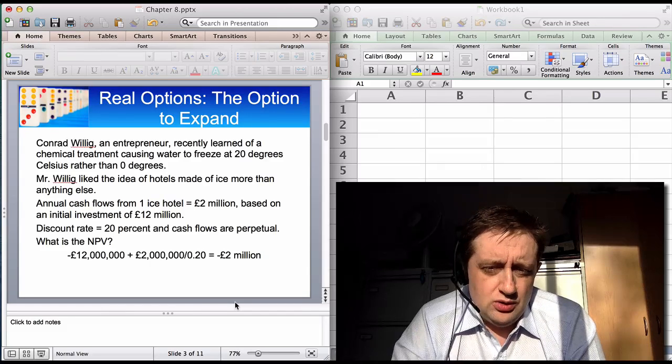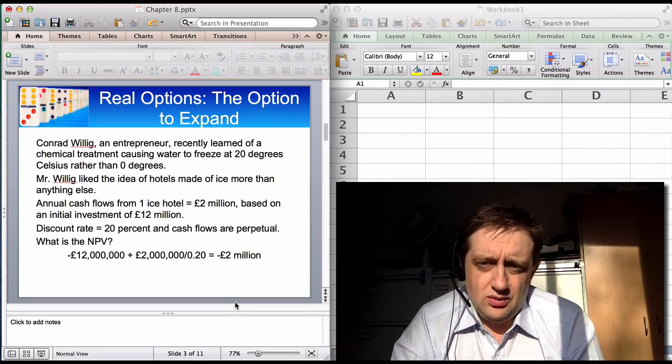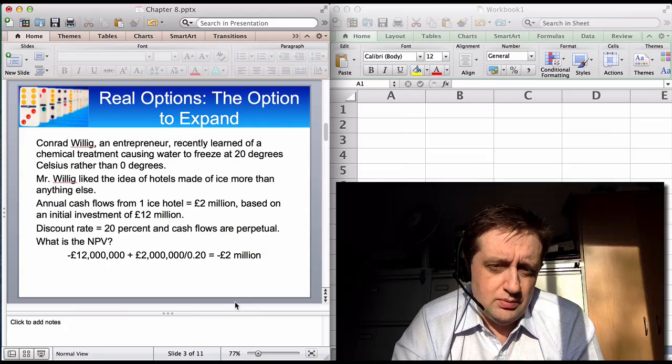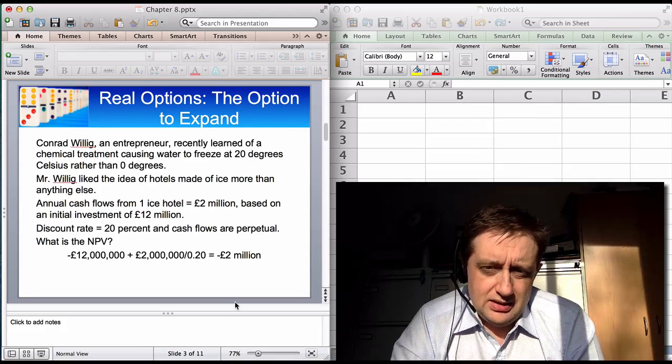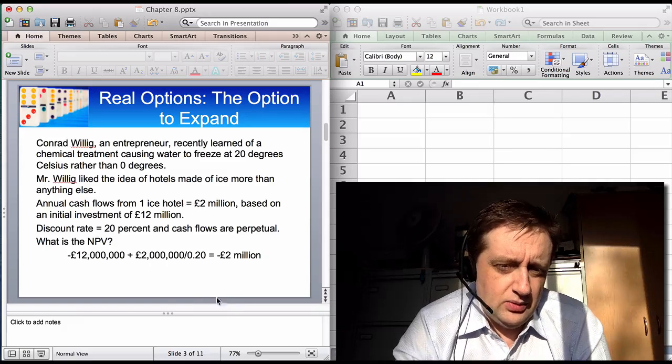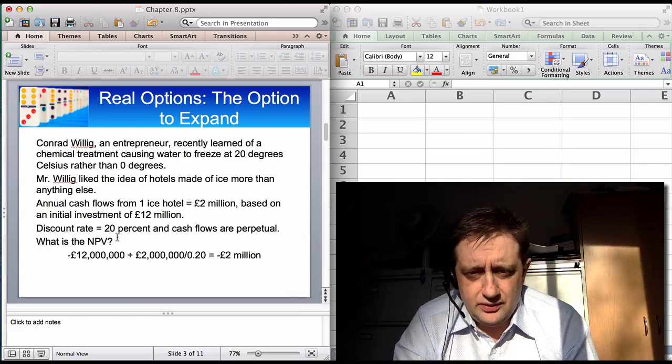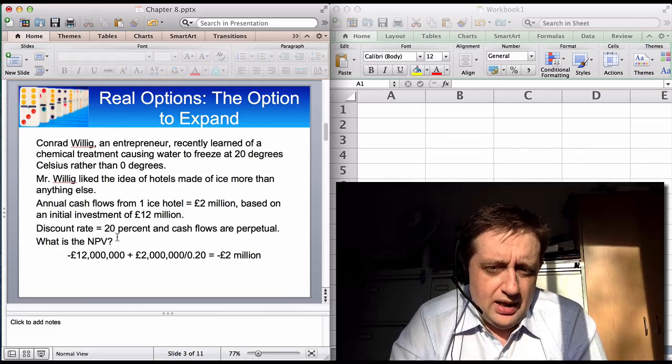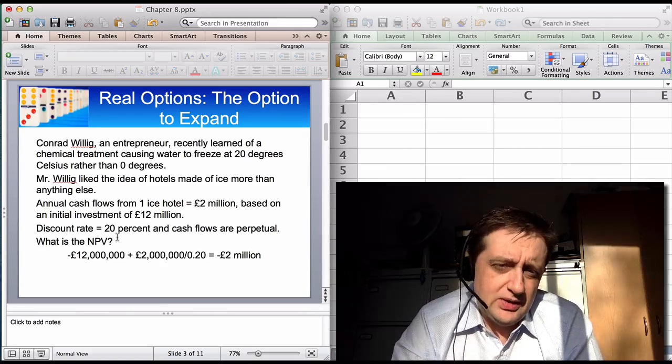Now, if you take the one ice hotel, you get annual cash flows of £2 million, and the initial investment is £12 million. We're going to assume, like we assume for any company, that this is going to be a perpetuity. So we use the perpetuity formula, and you can see here that with a discount rate of 20%, reflecting the risk, we have a negative NPV.